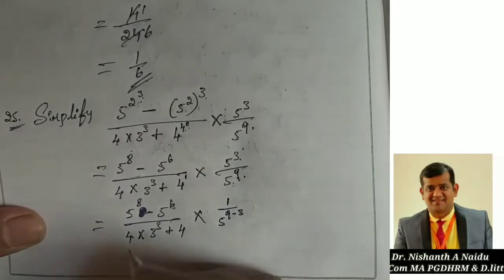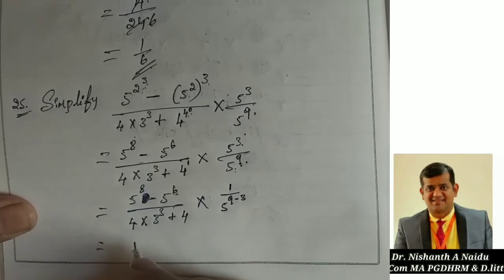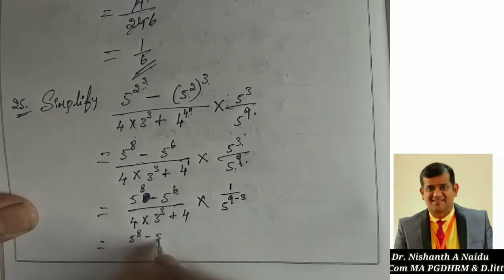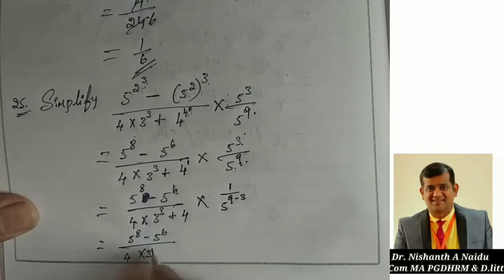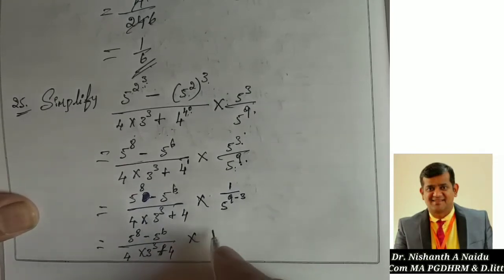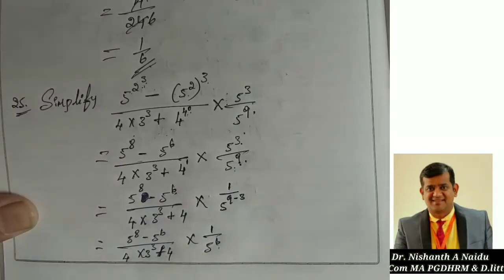Then in the next stage, that is equal to 5 to the power 8 minus 5 to the power 6 divided by 4 into 3 to the power 3 plus 4 into 1 divided by 5 to the power 6. 9 minus 3 is 6.